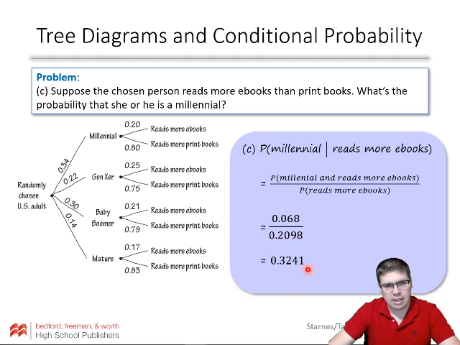And so ultimately, it's like 0.068 out of the 0.2098, we end up with a 32% chance. So given that they are an ebook reader, there's a 32% chance that they are a millennial. And so that's kind of a little bit reversing things.